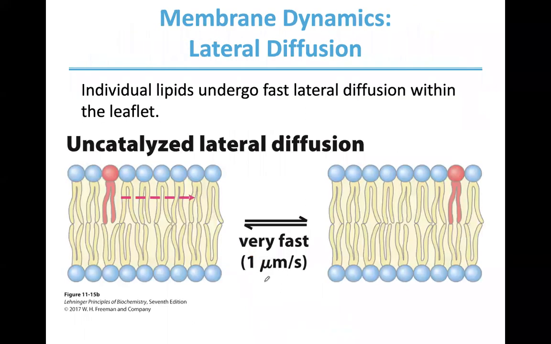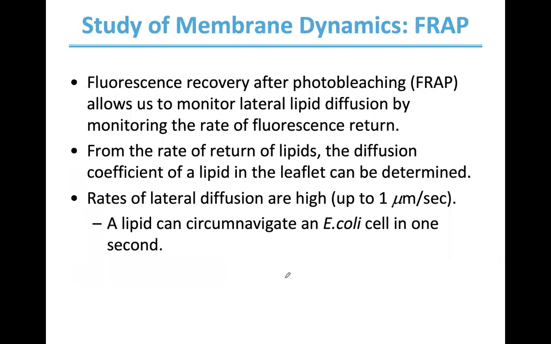So there are a number of ways these cells can change membrane fluidity, and that obviously will affect how fast these lipids can move in a lateral direction, right? Even though we kind of look at these cell membranes as static, thinking that this lipid is stuck there for a long time, not at all. In fact, these lipids can move across, basically making their way through other lipids, as fast as 1 micrometer per second.